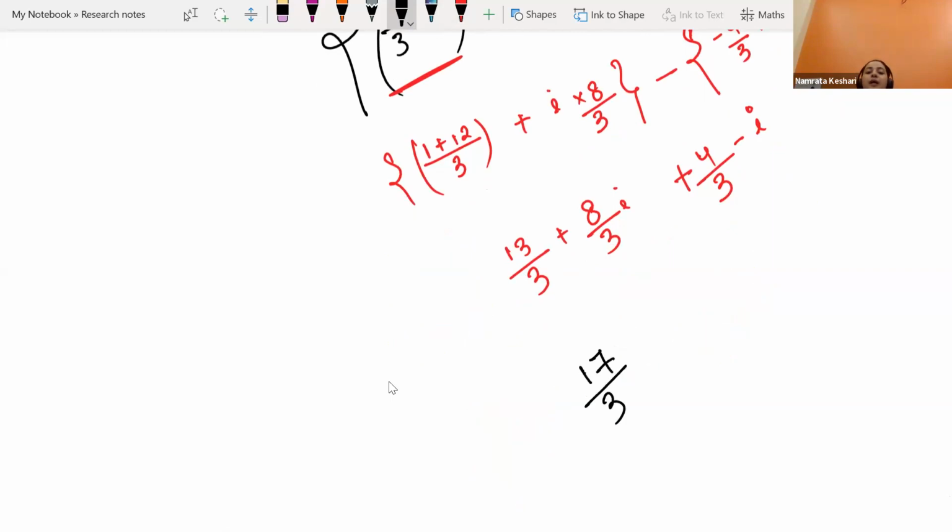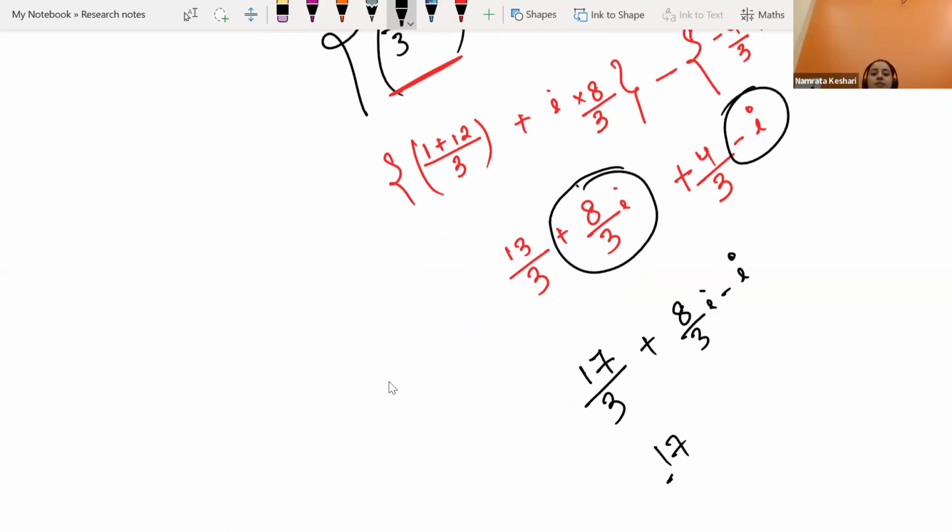Then 8 by 3 minus i, it will be 17 by 3 plus 8 minus 3 by 3. Everything is having i along with it.